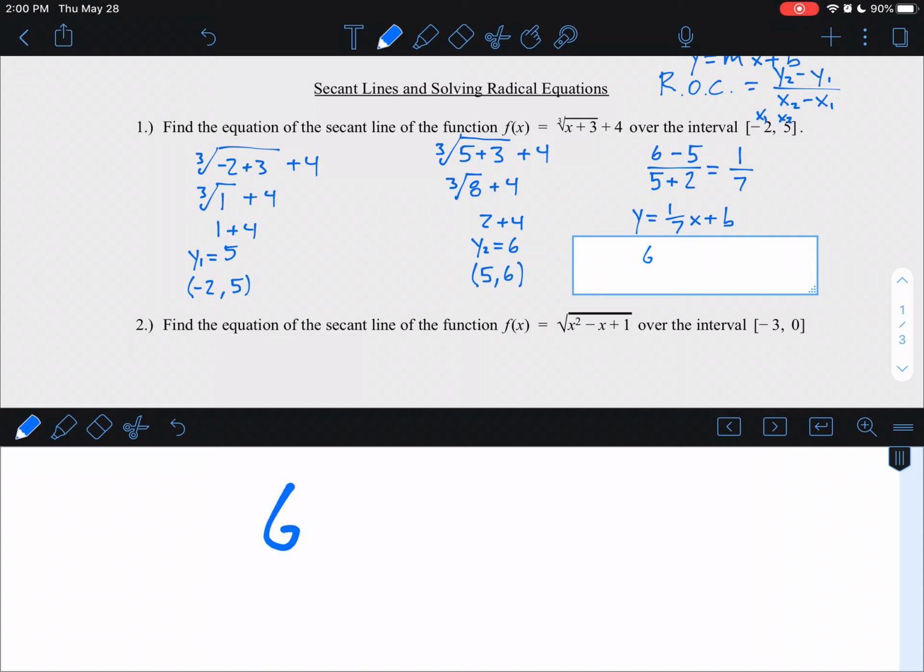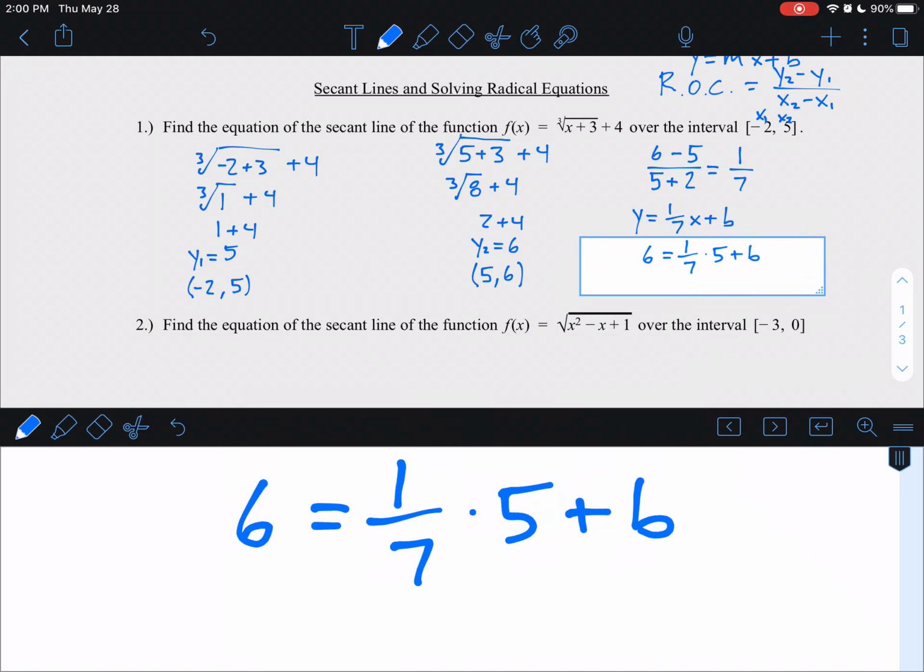So my y value, 6, equals 1/7 times 5 plus b. So 6 equals 5/7, since 1/7 times 5 is just 5/7, plus b.